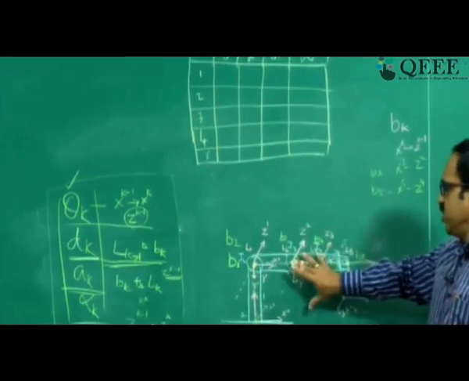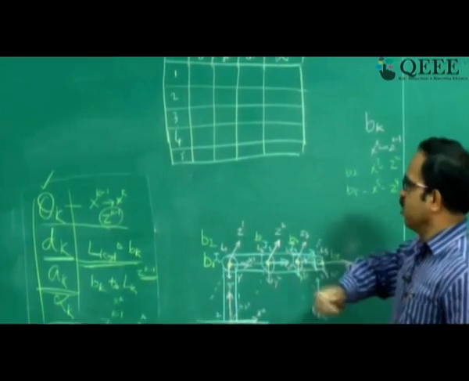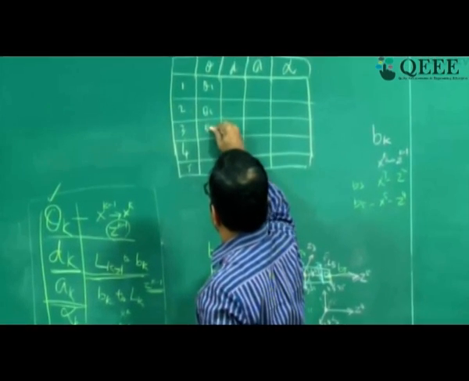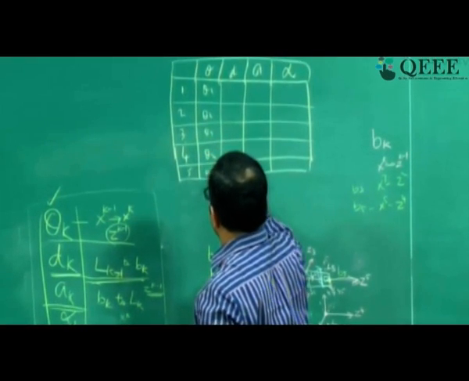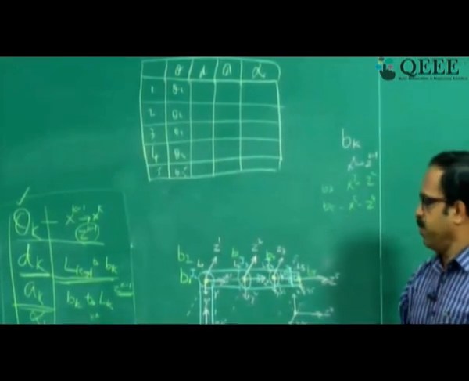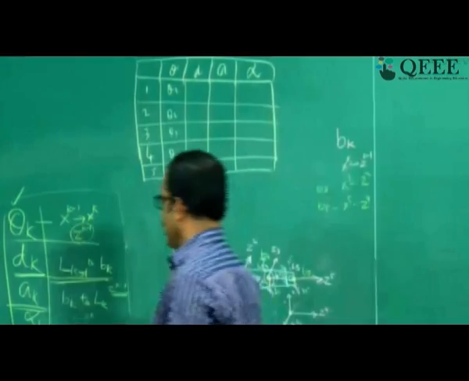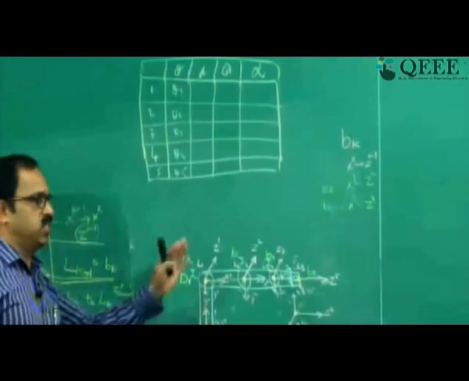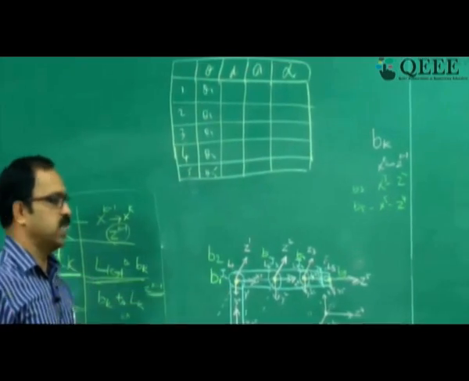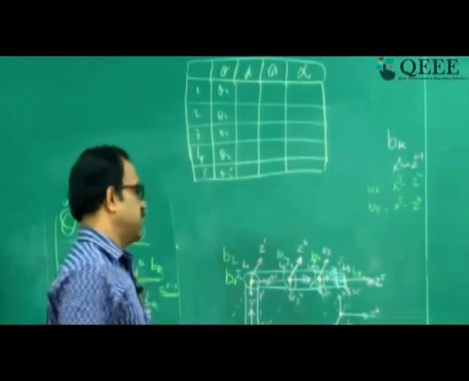For the time being we are not interested in the exact values, so we just make it theta 1, theta 2, theta 3, theta 4 and theta 5 as variables, depending on the position of the manipulator. Then we identify the fixed parameters.